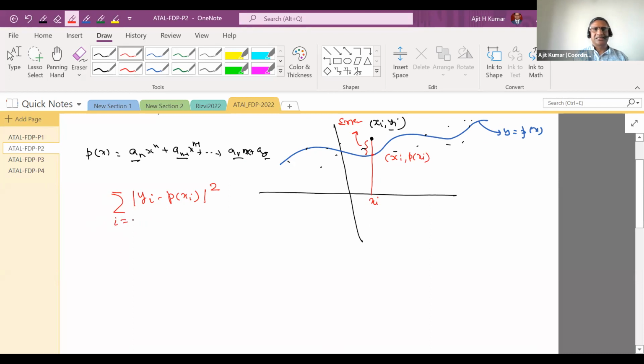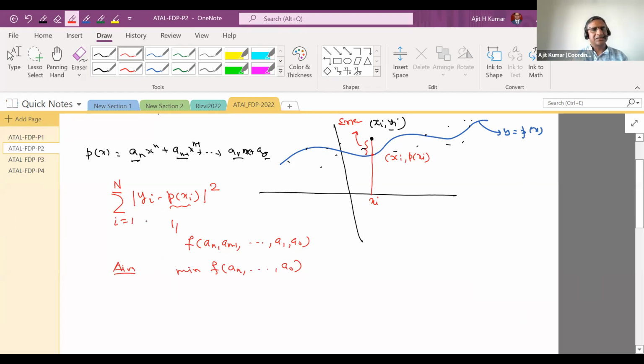Suppose there are capital N points, from 1 to N. You are finding p(x), so this is actually a function of these variables, a_(n-1) up to a1, a0. This is what you want to minimize. So your aim is to minimize f of a_n, up to a0, over all these xi. So that is again a minimization problem.